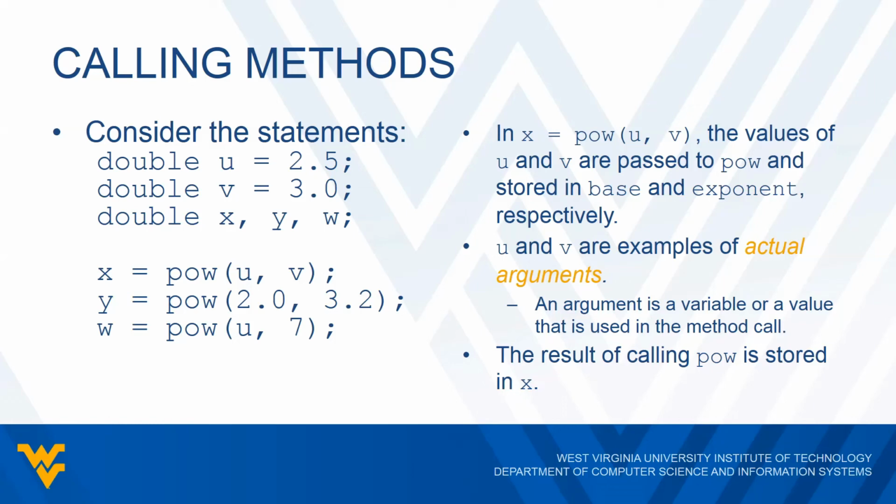And then we store that result in y. And then in our third method call, we have pow, we're going to pass the value of u, which is 2.5, so that gets stored in base. And then we pass the value 7, that gets stored in exponent. It does its calculation, so in this case it's going to compute 2.5 to the 7th power. It's going to send some result back, and we store that in w.